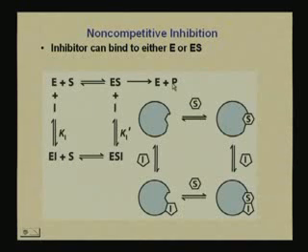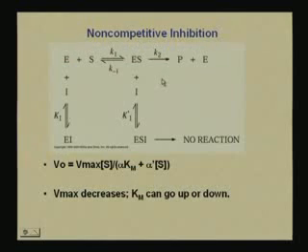Okay? So the feature of non-competitive inhibition is that the inhibitor can bind to either the enzyme or the enzyme-substrate complex. And it is only the enzyme-substrate complex that eventually will form the product. So we have EI, and this ESI is also not going to give any reaction. It is only the ES that is capable of giving us the reaction.